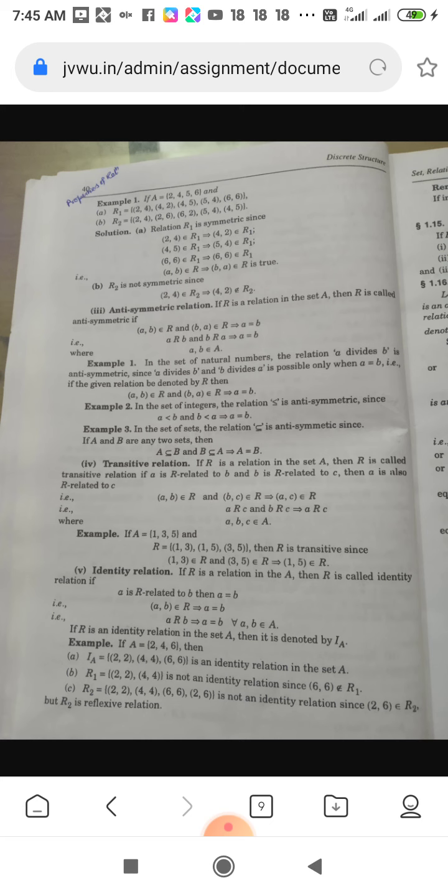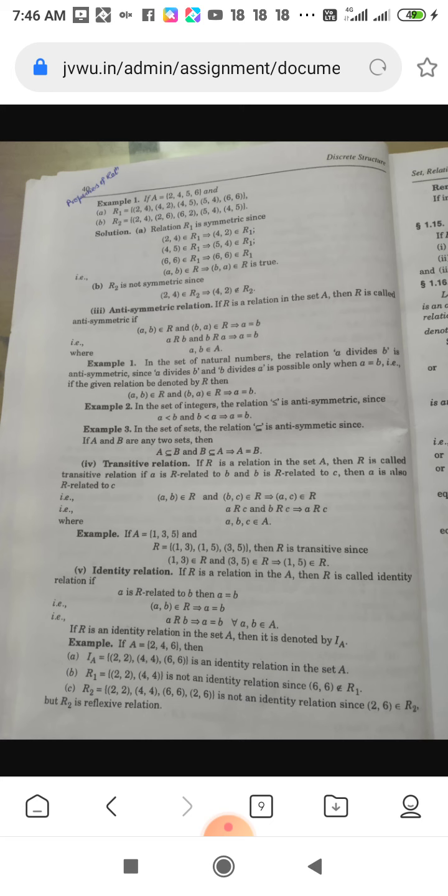If a relation R in a set A follows three properties, then R is called an equivalence relation if it is reflexive, symmetric and transitive. Any relation, if it is reflexive, symmetric and transitive, then it is called an equivalence relation. Suppose we have parallel lines, so every line is R related to itself.